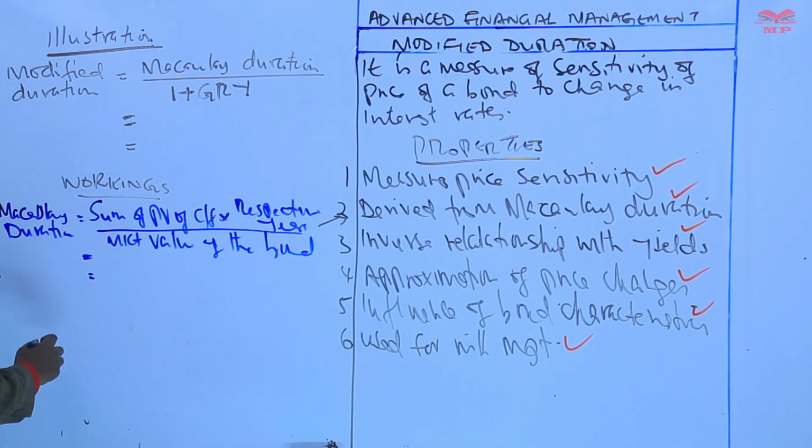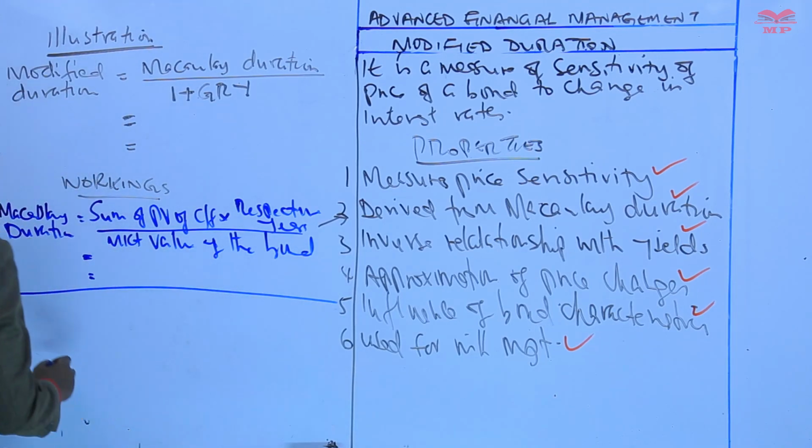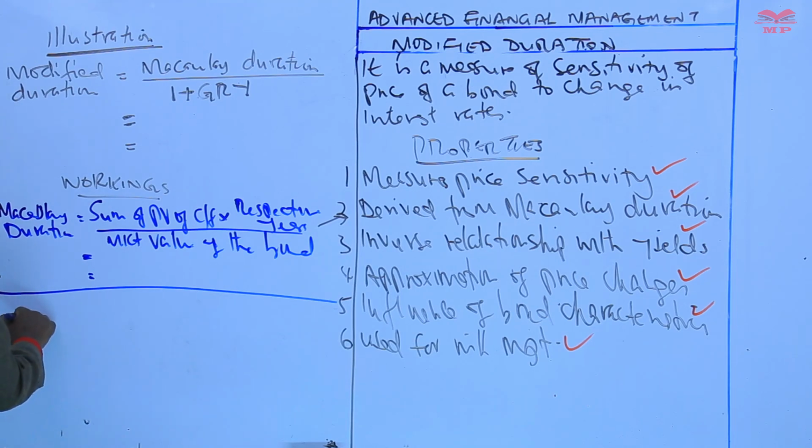So we're going to have a working within a working. So we'll have a table here for years. You have years. How many years to maturity? It's 3 years. So you have 1, 2, 3. Cash flows.